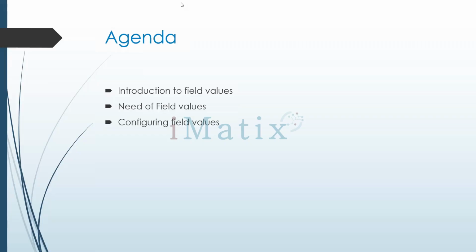Let's take a drop down, let the drop down be country, where you get the list of all the countries to be populated. And assume this has to be modified frequently.